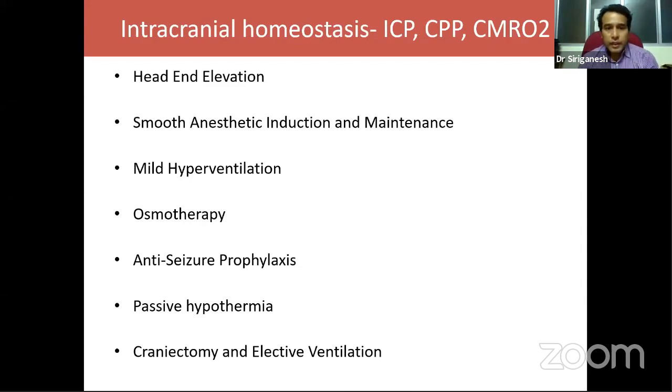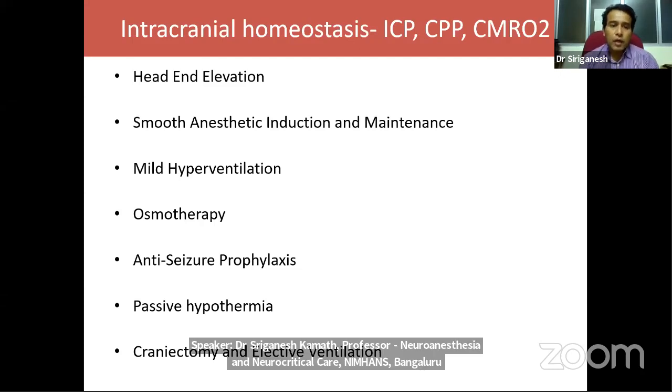So what constitutes intracranial homeostasis? It is maintaining normal intracranial pressure, normal cerebral perfusion pressure, normal metabolism. It is not possible in a patient with brain injury. So your aim is to try to bring these parameters to as normal as physiologically possible in the given situation. These are some of the things that are done to maintain intracranial homeostasis.